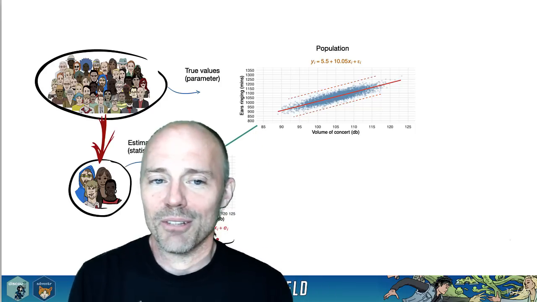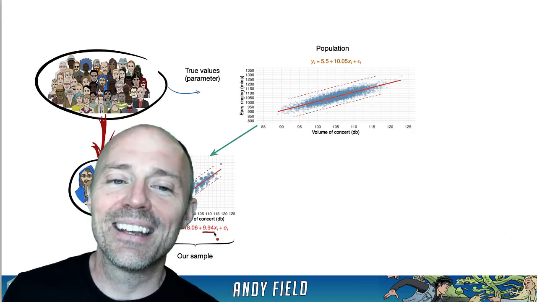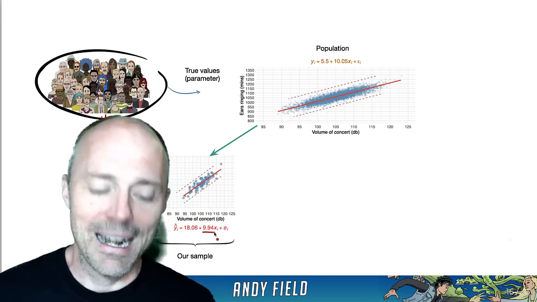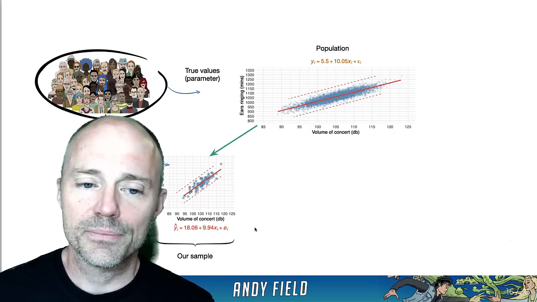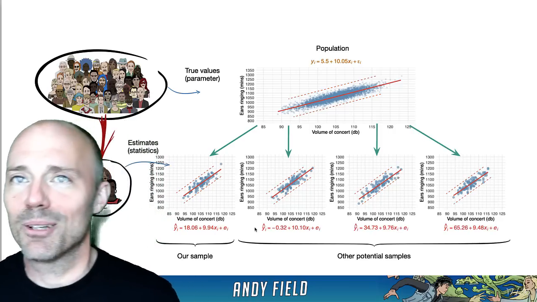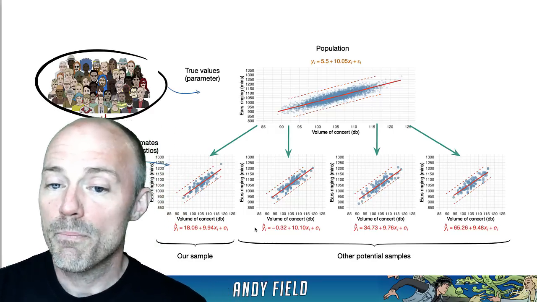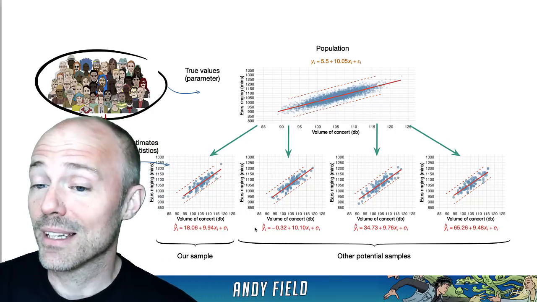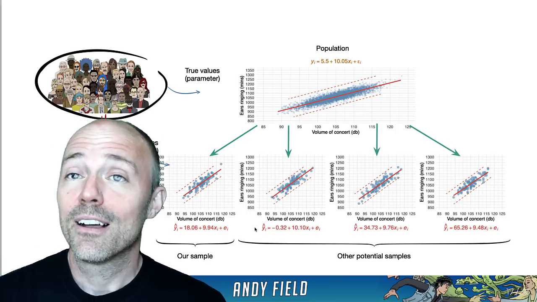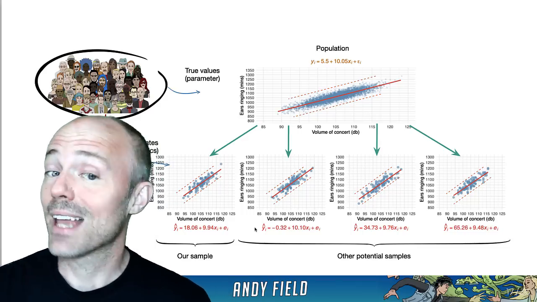There are lots of other random samples that are waiting around to be taken. And let's look at some parallel universes where we took different samples. Here's 3 parallel universes where we've taken different samples. You can see in every sample, if you take random samples, you get something representative of the population. So the relationship between concert volume and ears ringing is the same in all the samples.